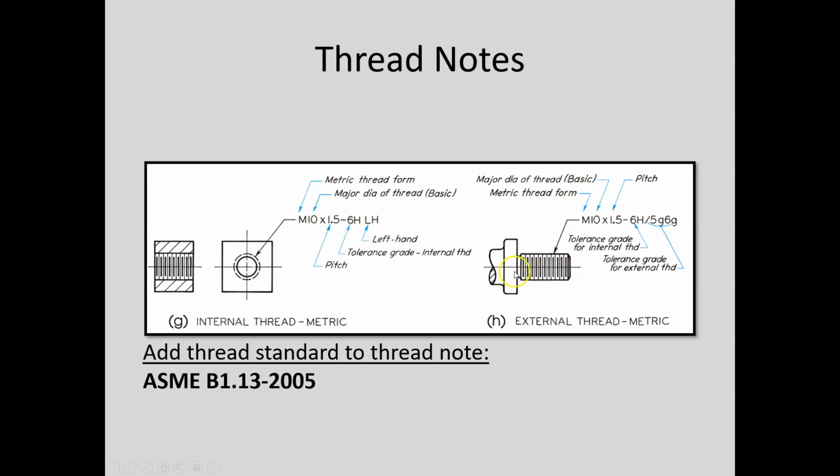Notice that there's really no difference between an external and an internal fastener in terms of the metric thread. There's nothing that indicates that this is an external fastener except the fact that you're pointing at an external thread. And again, the note that you would include on the drawings would be ASME B1.13-2005. That is the metric thread standard.